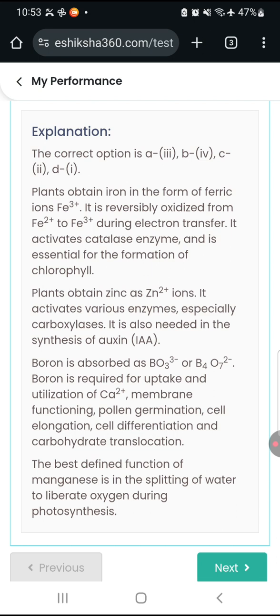Boron is required for uptake and utilization of Ca2+, membrane functioning, pollen germination, cell elongation, cell differentiation, and carbohydrate translocation. The best defined function of manganese is the splitting of water to liberate oxygen during photosynthesis.